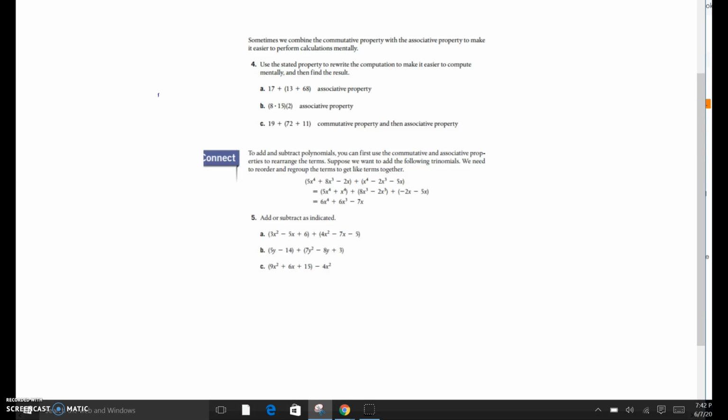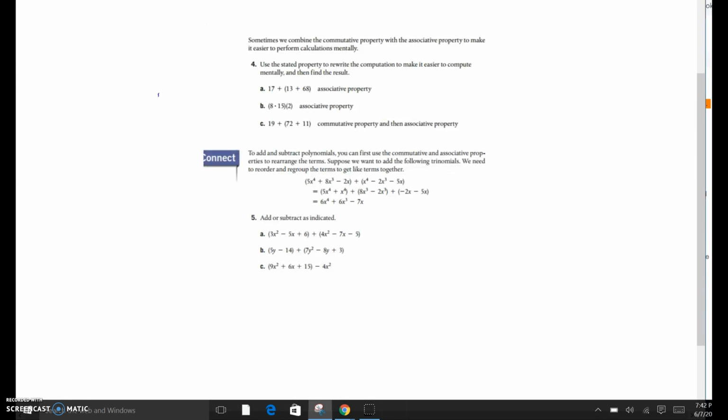Associative deals with grouping. So for example, say I have something like 65 plus, and then I have my 35 there, and then plus 197 or something like that. Order of op says you have to do parentheses first. And so basically, properties are kind of like rule breakers.